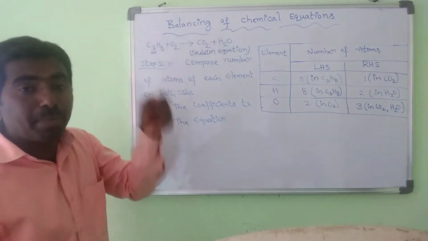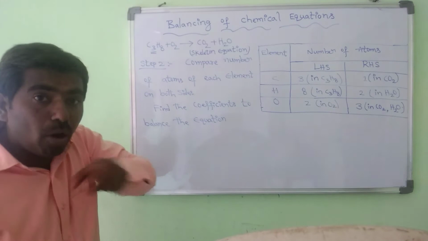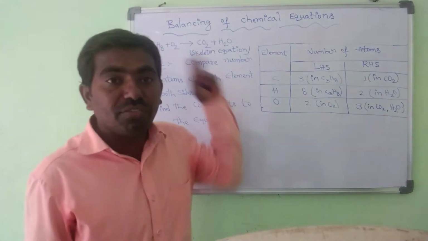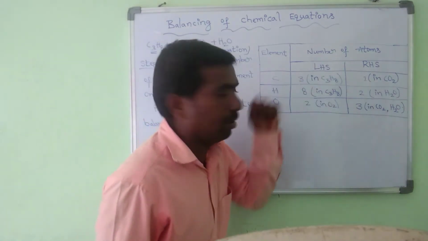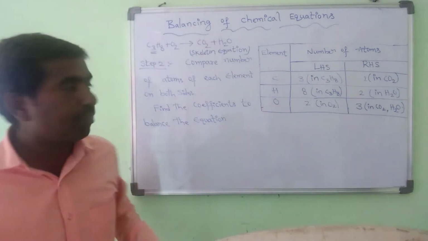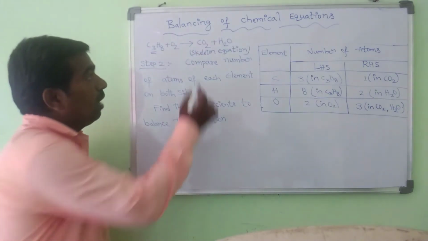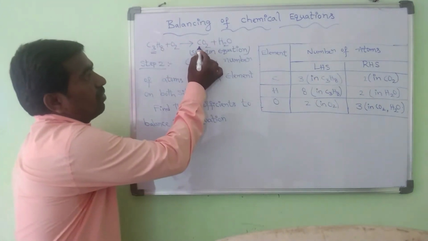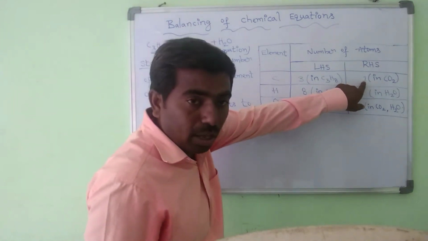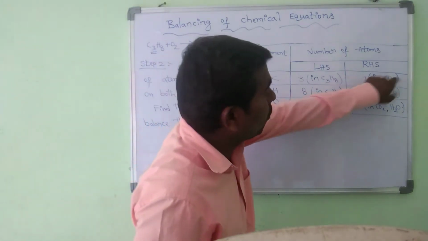Those carbon atoms are present in which molecule? In the C3H8 molecule. So I have written that information in this table: 3, present in C3H8. Similarly, on the right side, only one carbon atom is there, present in CO2.